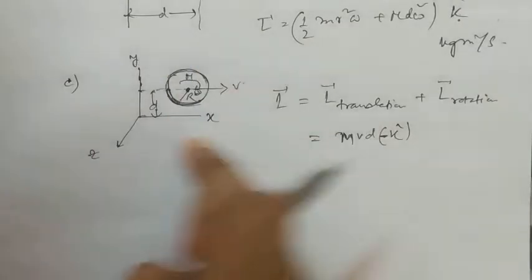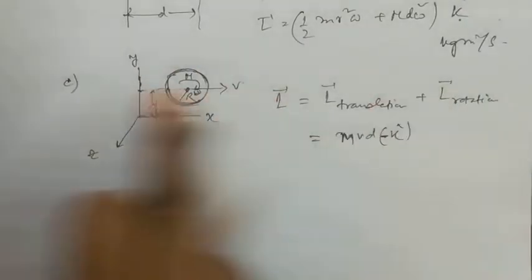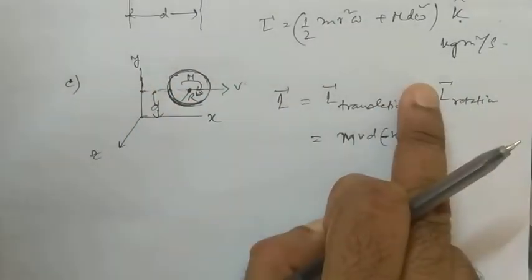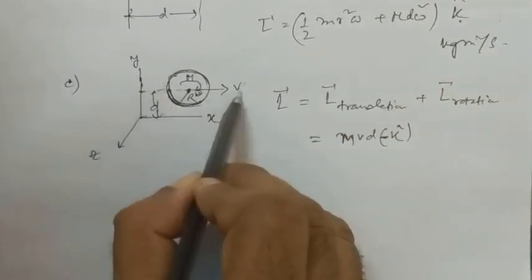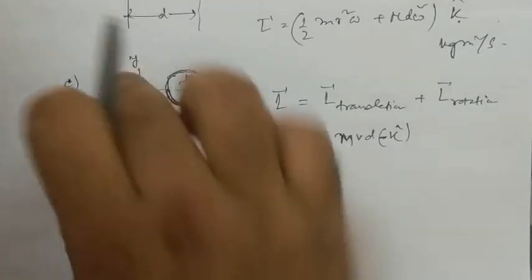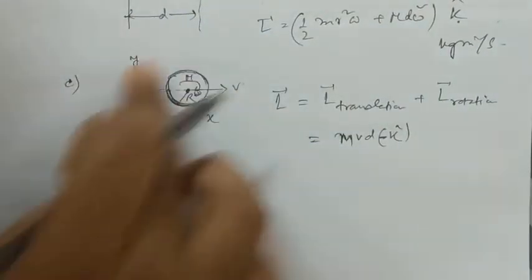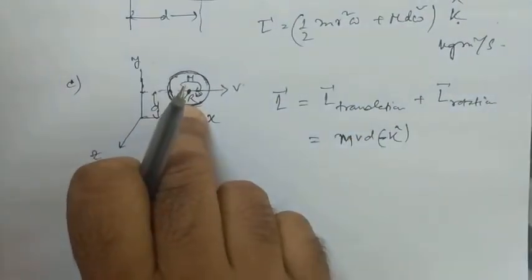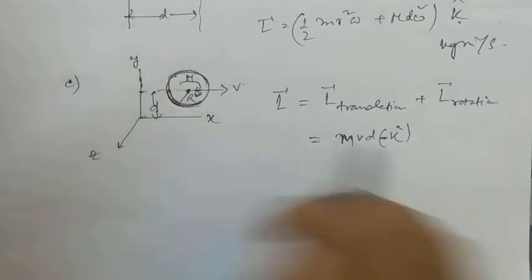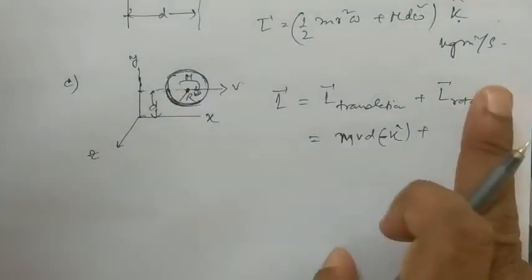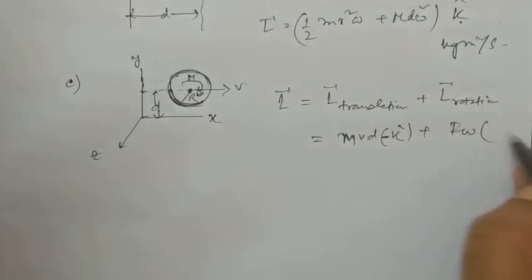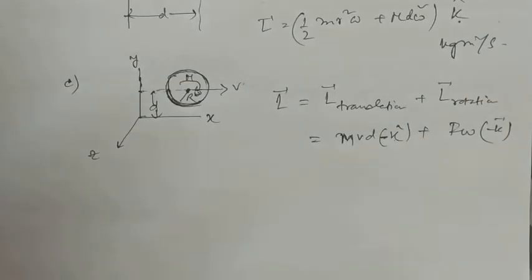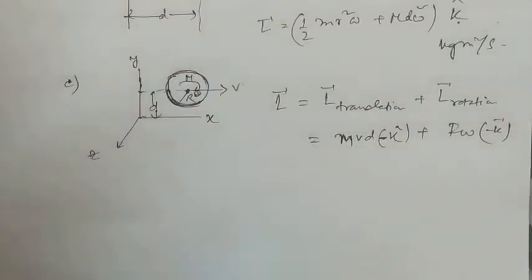Because the particle is moving along the positive x-axis direction, the value of d is like this and v. Moving from d towards v, we are moving in a clockwise direction. So the angular momentum vector due to the translational motion will be directed along the negative z-axis. So minus k. Now for rotation, the value will be I omega, and the direction I think will also be minus k, because I omega is in the clockwise direction.